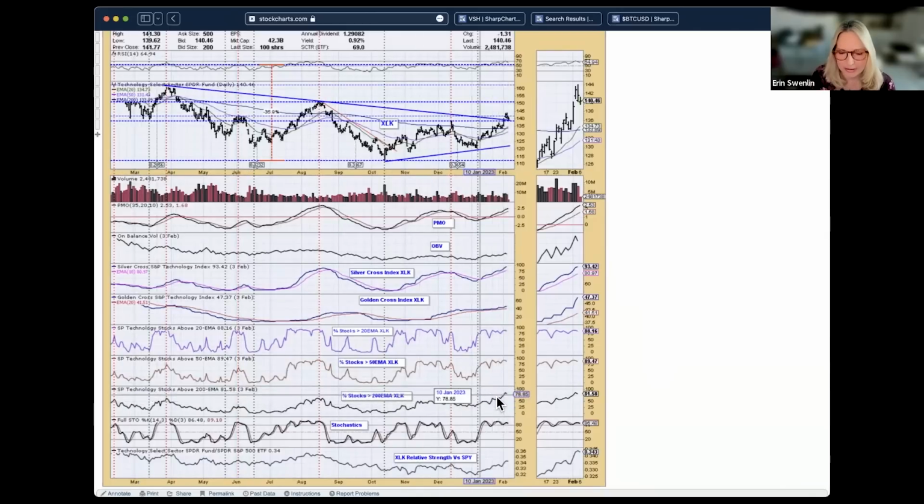Certainly within the year, we haven't seen anything like this. So I think it is set up well. Notice stochastics are staying above that 80 level, which really tells you there is internal strength. And the relative strength on technology has been really good all of this year. So I like the way it's set up.